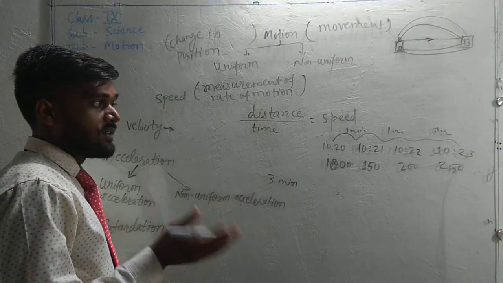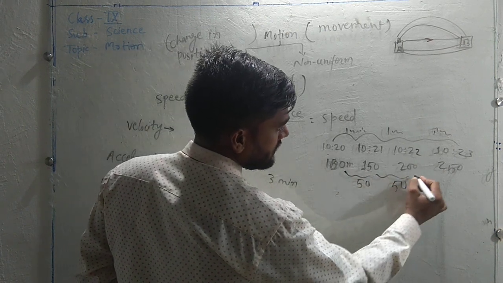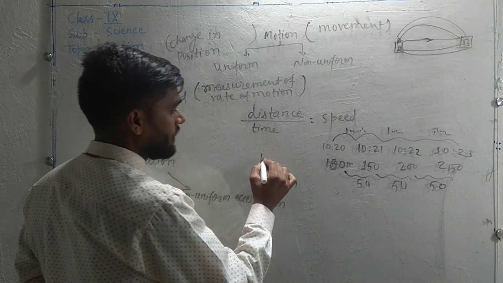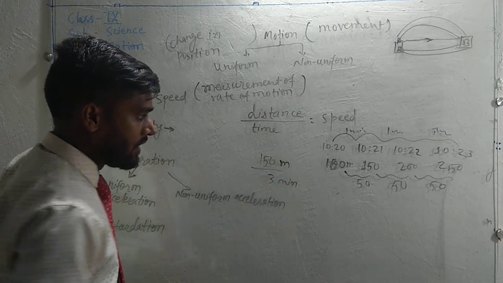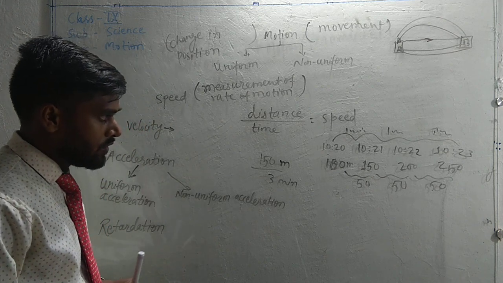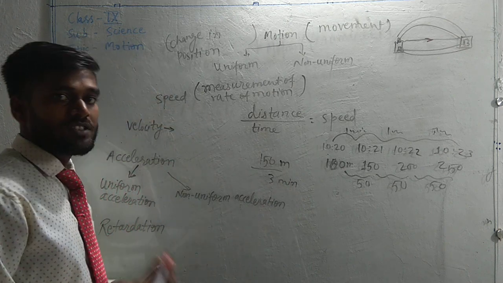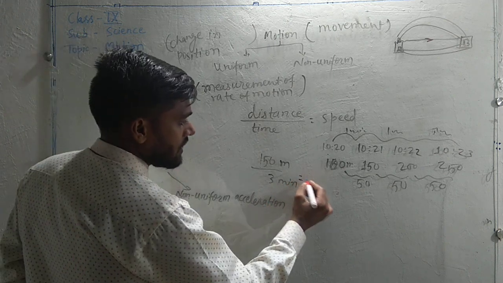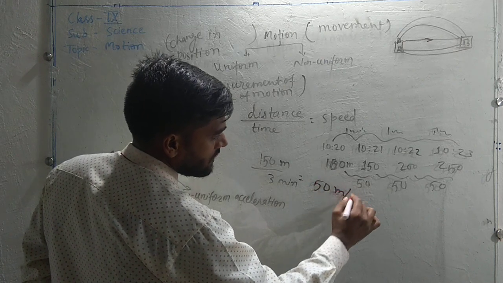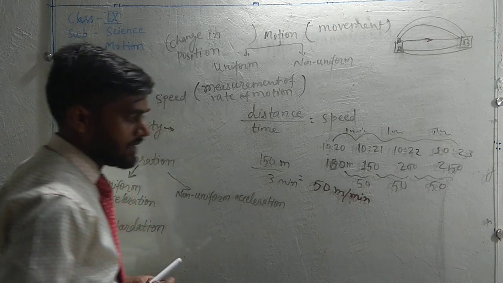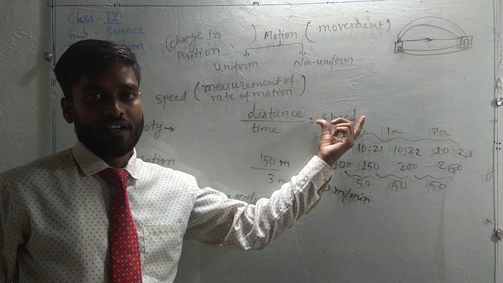And how much distance has it covered? Here 50 meters, 50 meters and 50 meters. Total 150 meters. So if we want to know the speed of this object, that per minute how much distance it is covering, we get 50 meters per minute. So this 50 meters per minute is the speed of that object.